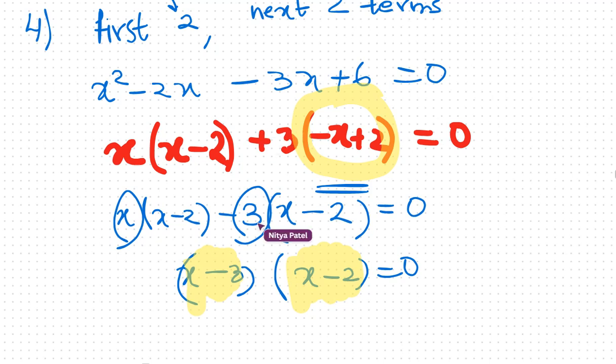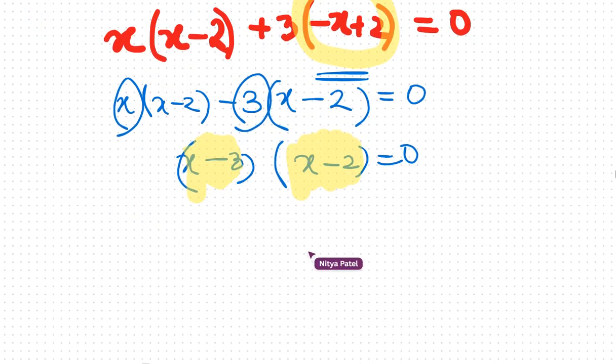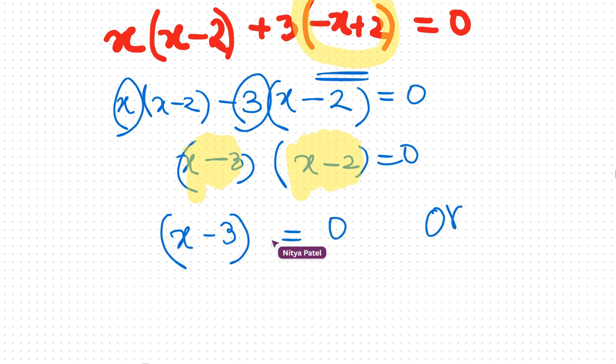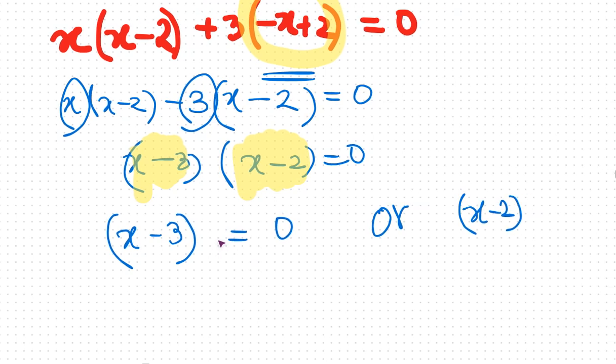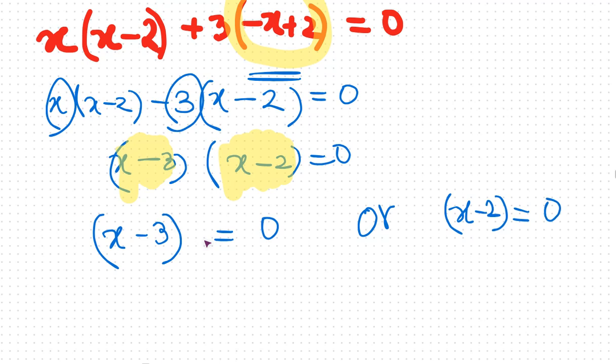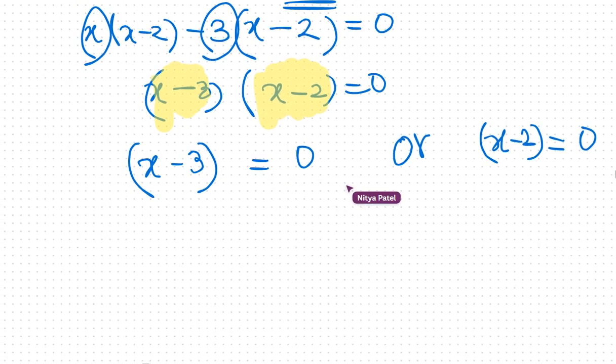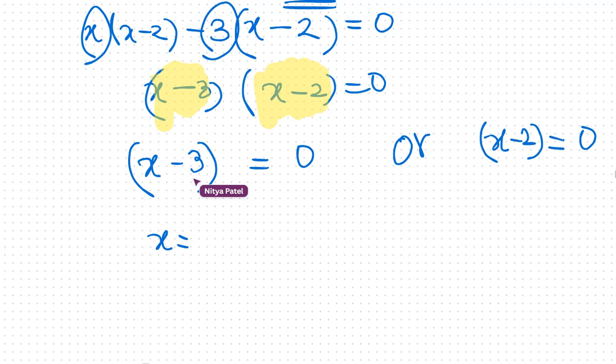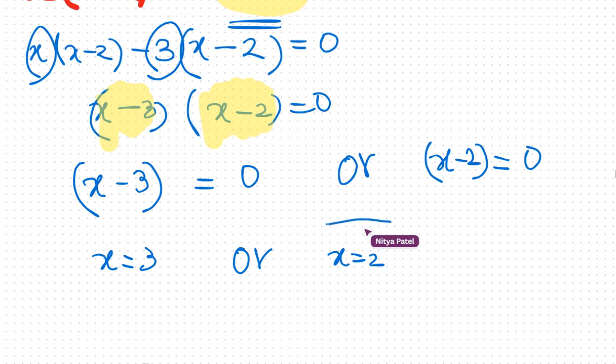This is how we deal with quadratics. So x minus 3 is the entire thing. This entire thing must be 0 or x minus 2 must be 0. So x value is 3, or x equals 2. This is the answer, okay?